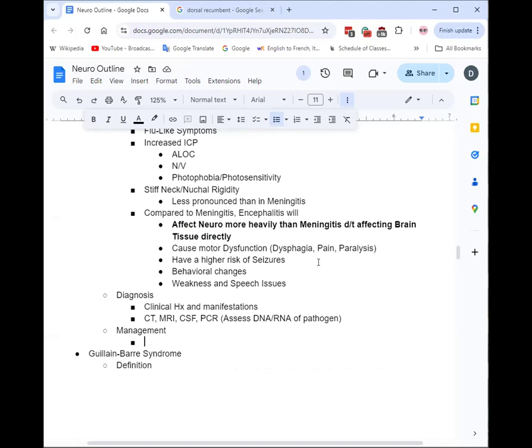Acyclovir, yeah, antivirals, of course. Perfect. And then here you'll see a lot of similarities. You'll see anticonvulsants because remember you can still have seizures. You have an actual higher risk of seizures. So anticonvulsants, seizure precautions go along with that.